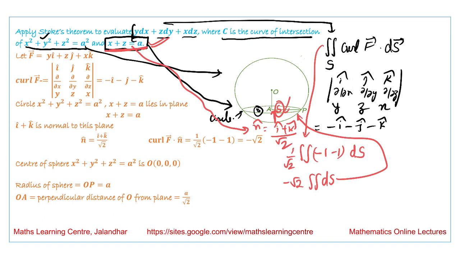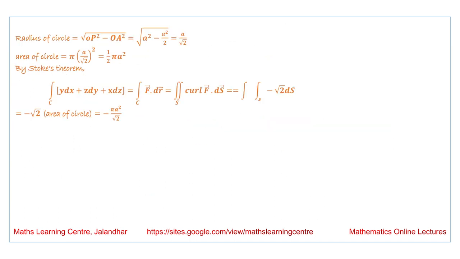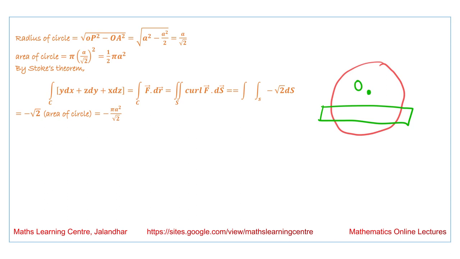So we have to calculate the radius of this circle. This is the sphere that we have, and a plane over here. This is the center of this circle, this is the radius of this circle, and this is the perpendicular that we have drawn. Now the radius of this sphere is given to be a units, and the distance between this point O and this plane is given by the formula.